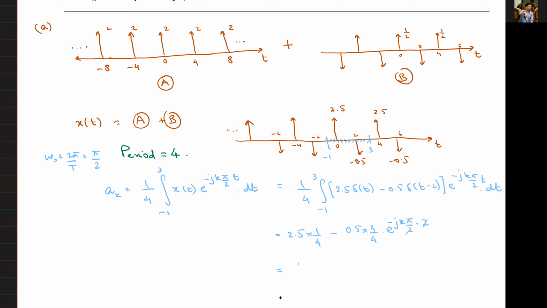So this is 1 by 4 into 2.5 minus 0.5 times minus 1 raised to power k.